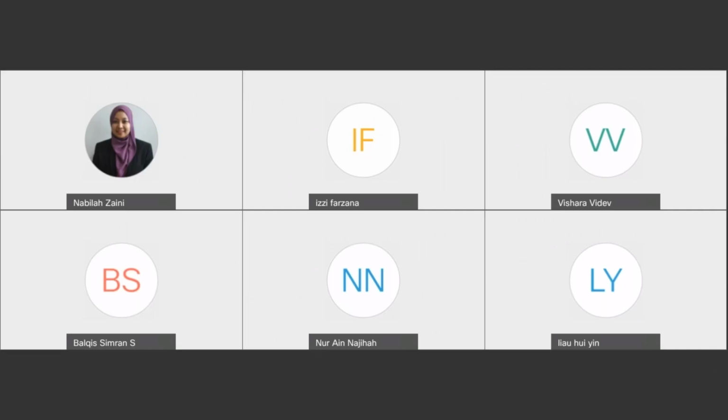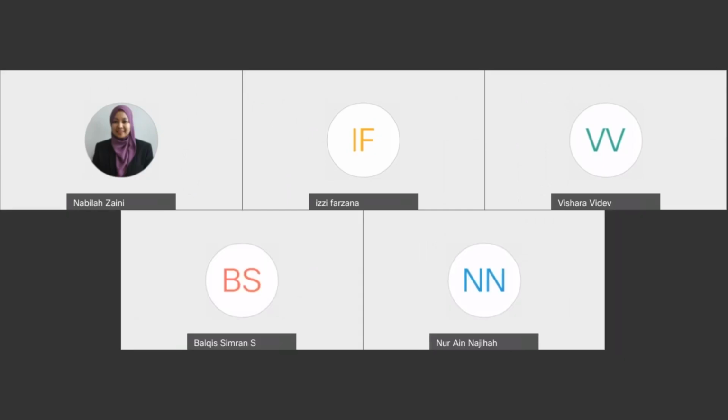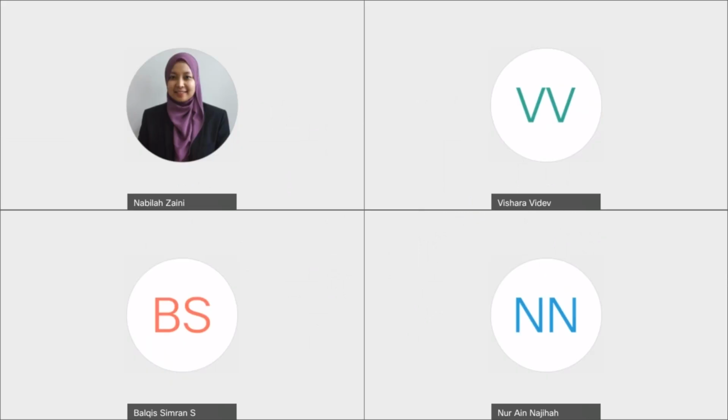Is there anyone who still has not scanned the QR code? Me. Okay, Nur Ain, please give me a few seconds to display it back. Which section are you from, Ain? Section 1, Doctor.